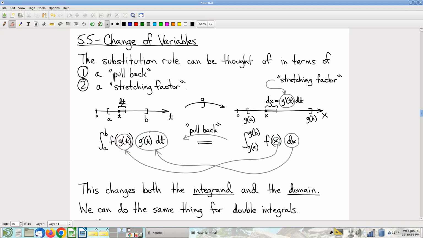That's nice, but I'm pushing it here as a method for taking an integral on one domain and reinterpreting it, by way of this pullback strategy, as an integral over a different domain.